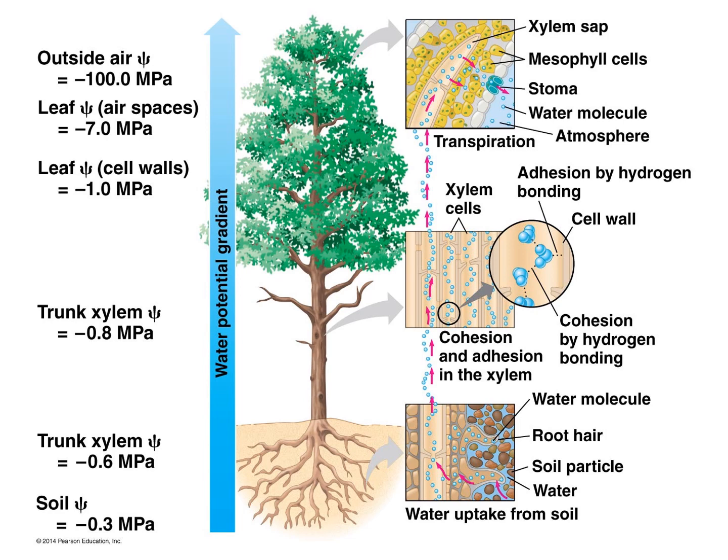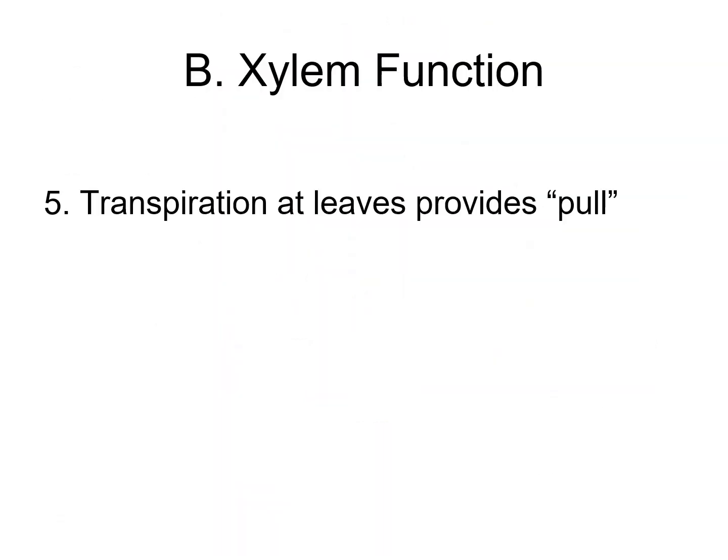And that loss of water at the leaf end creates a drop in water potential that helps pull more water up from below. So transpiration really is a key force in xylem function. The evaporative loss of water at the leaf end creates a drop in water potential that pulls at the top of the water column and helps water slide up the xylem.